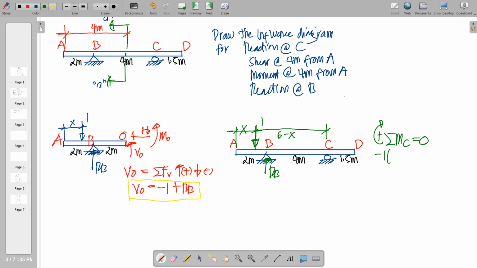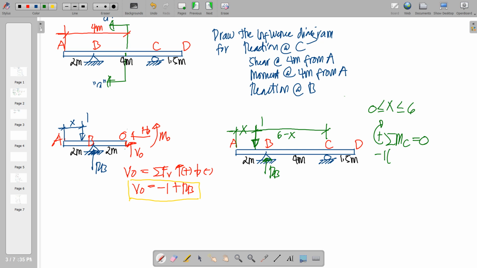So meaning this equation applies to x greater than or equal to 0, but less than or equal to 6.